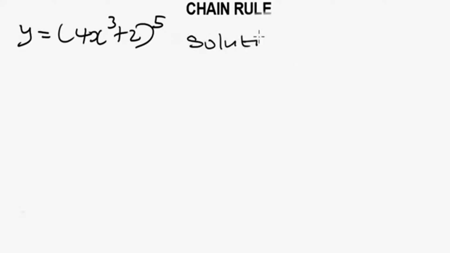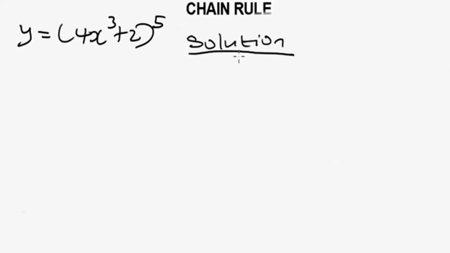We're given the function y equals in bracket 4x cubed plus 2 bracket close raised to power 5. Solution. Now note that another term for chain rule is function of function.